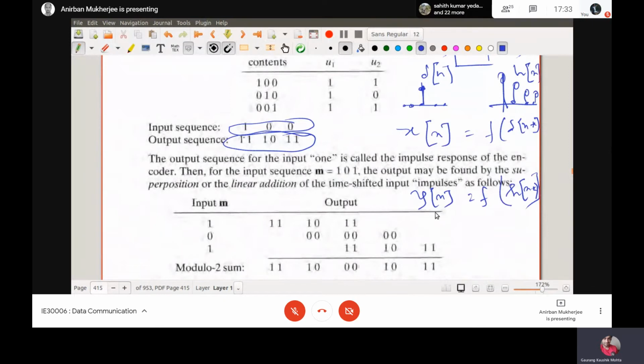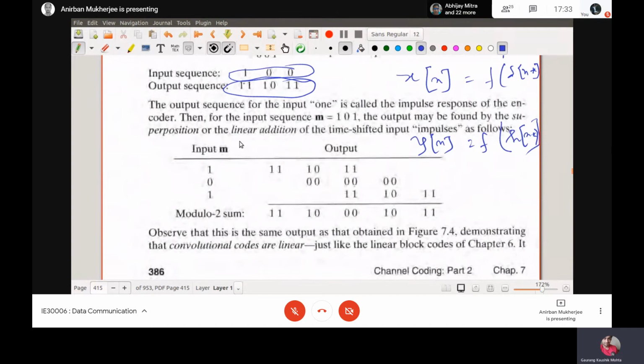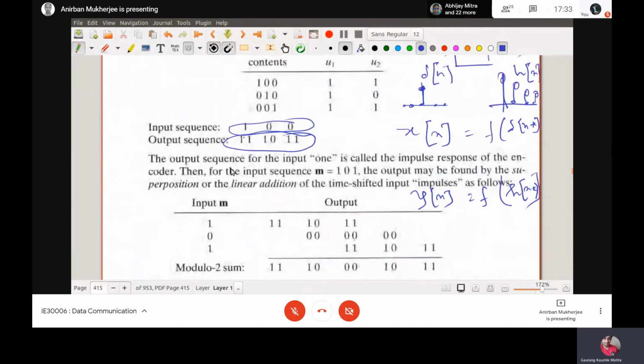So similarly, if the input is something like 1 0 1, which is some sort of a delay, then this is my impulse response 1 0 0. This is 1 weighted, 1 into a 2 unit delayed impulse response.